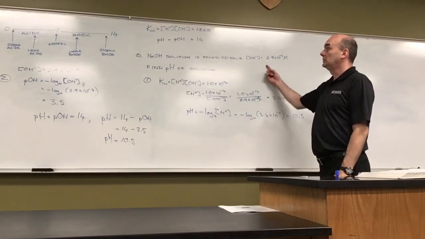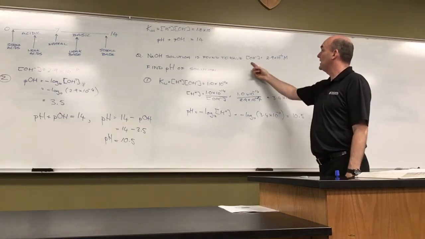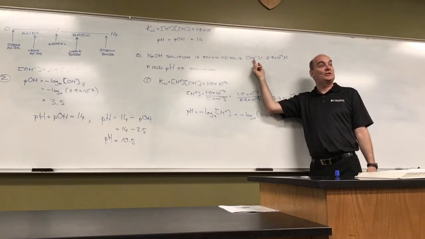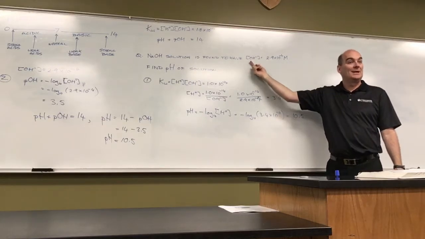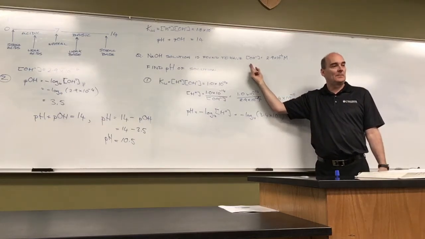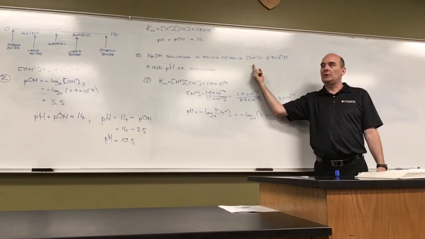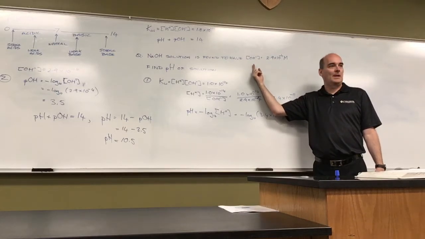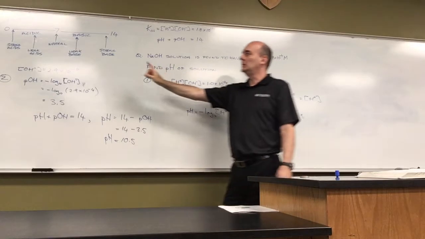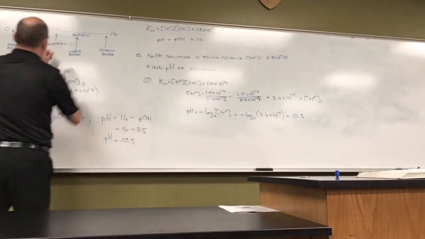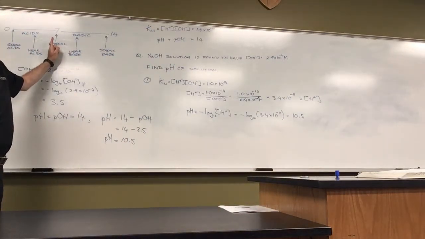The solution has a hydroxide concentration that is larger than the neutral value that hydroxide should be. A neutral value of hydroxide would be 1 times 10 to the negative 7.